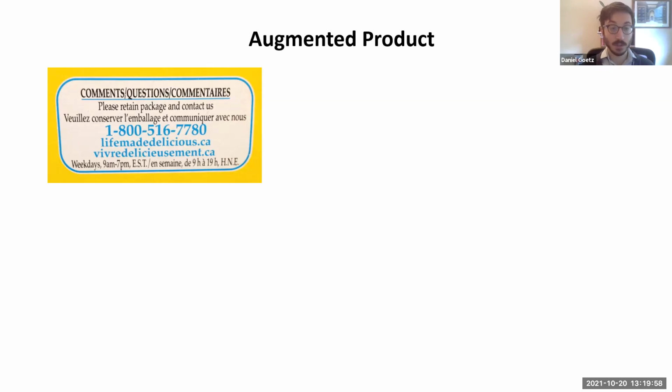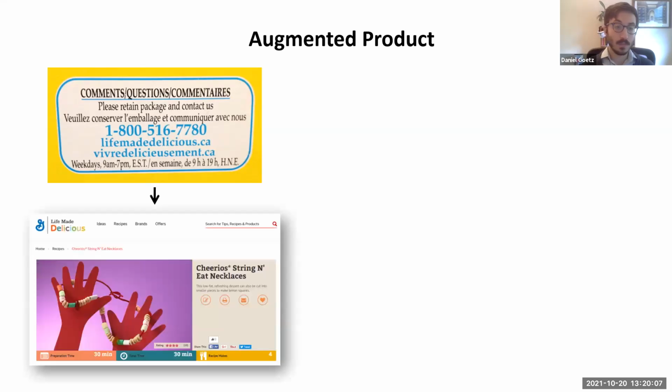Right, so there is after-sale service. Actually, you can call this number and contact some General Mills support office. And when you visit one of these websites, you'll see some activities that you can do with Cheerios. You'll see recipes. These are a lot of decisions being made by General Mills.